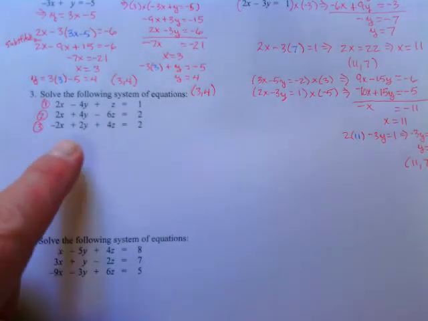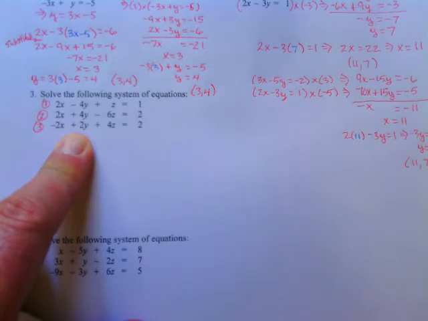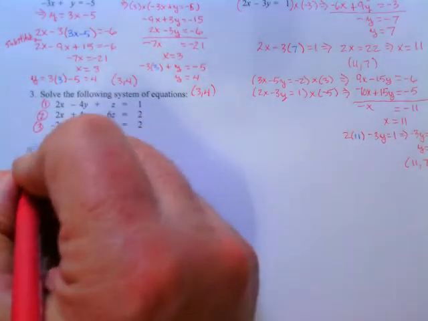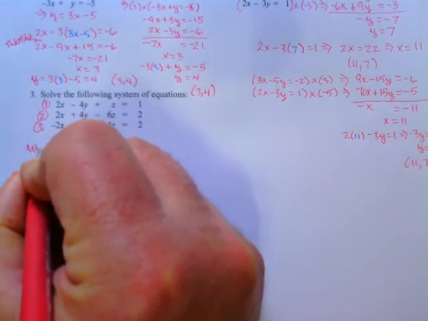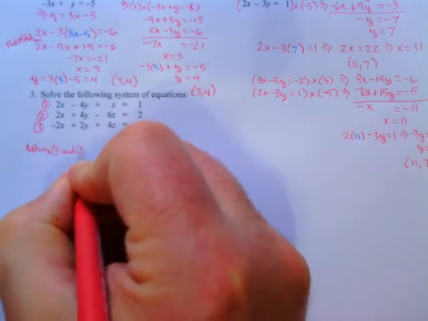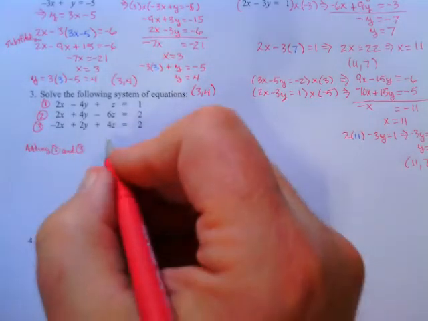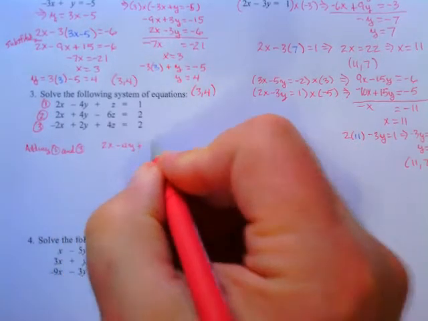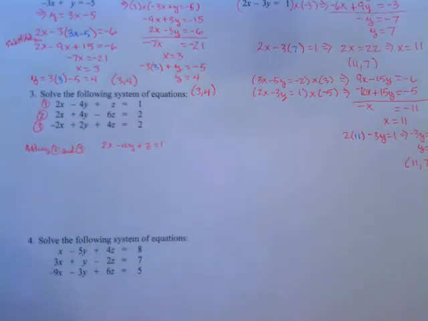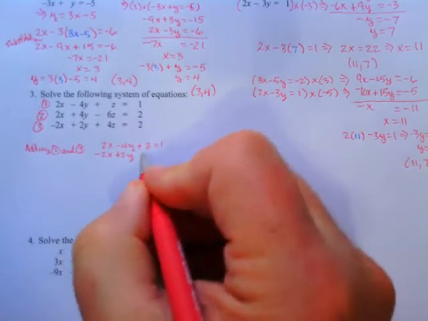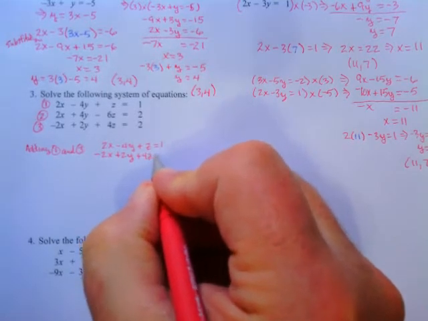I could go after the y's, because all I would have to do is double this one, and then it would be plus 4y, and then all the y's would be something easy to do, but I'm going to go ahead and start with the x's. So basically adding 1 and 3, so let's go ahead and do that. 2x subtract 4y plus z equals 1. -2x plus 2y plus 4z equals 2.